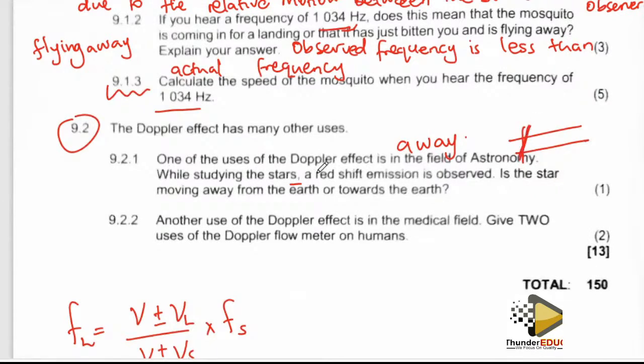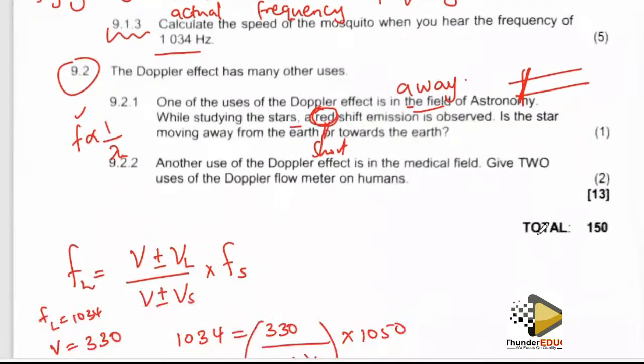The color red has the shortest frequency, and we know that frequency is inversely proportional to the wavelength. So if it is at a red shift, the frequency is small and the wavelength is big, which means the star is moving away. If it moves to a blue shift, then the frequency is high and the wavelength is short, which means it's moving towards.